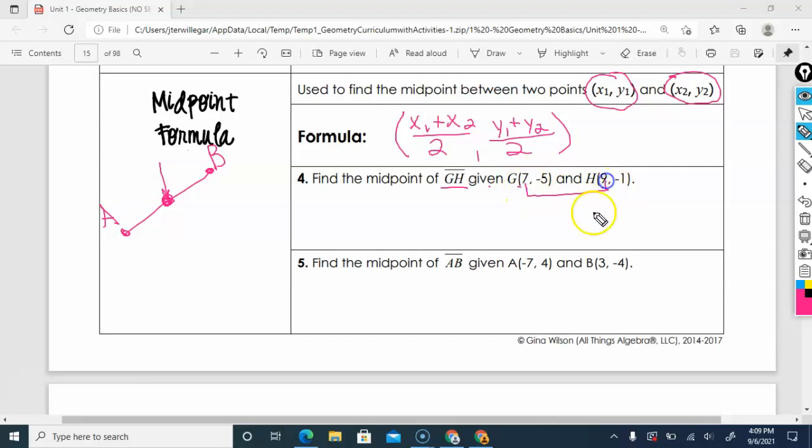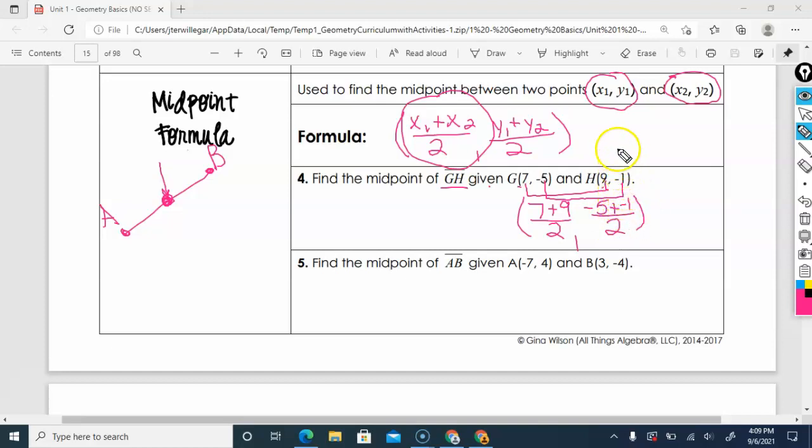So I'm going to add my x's and divide by 2. And then I'm going to add my y's and divide by 2. Plus -1. All right. Add your x's, divide by 2.